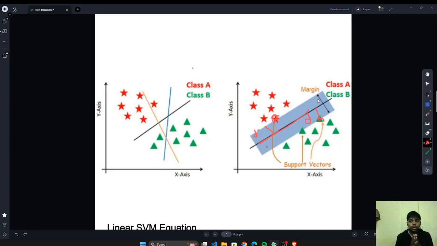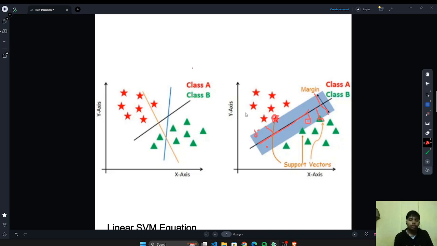The sum of d minus and d plus is called the margin. The bigger the margin, the better the accuracy of SVM's prediction. It means SVM will perform better if the margin is bigger, and if the margin is smaller, it will perform less well.